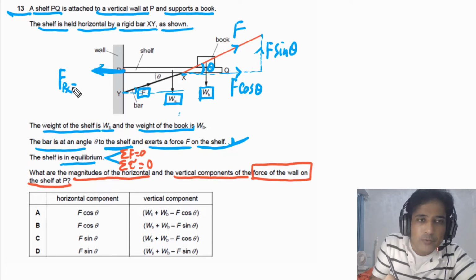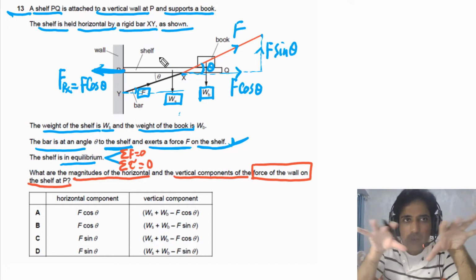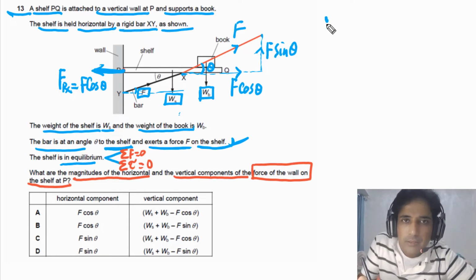And that force has to be equal to F cosine of theta, because this shelf is in equilibrium, so the net force along the horizontal also has to be zero. So that's the reason we can say Fpx is equal to F cosine theta, but this is in the opposite direction. Now we need to look at forces in the vertical direction.